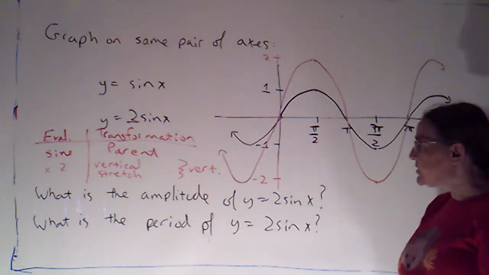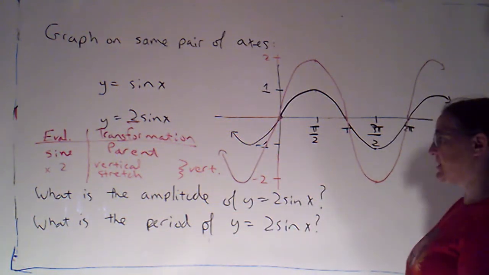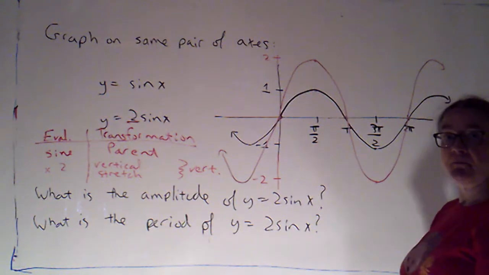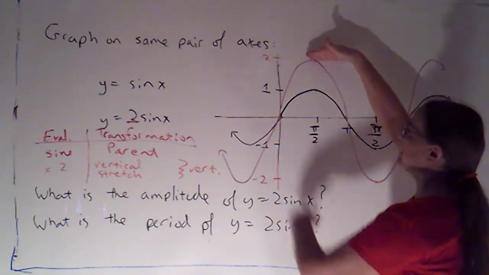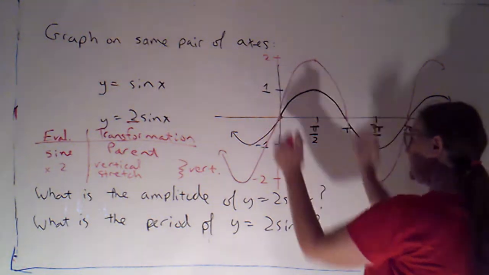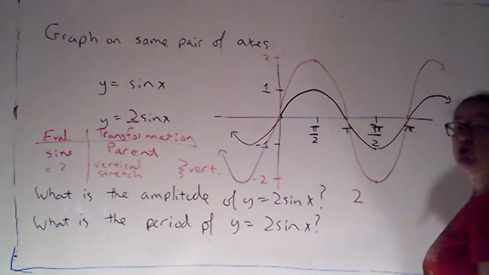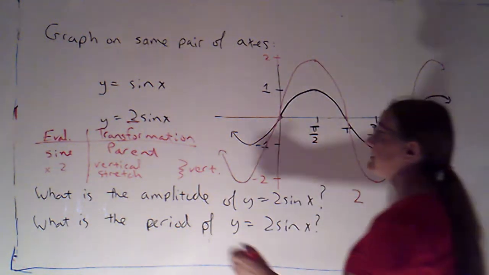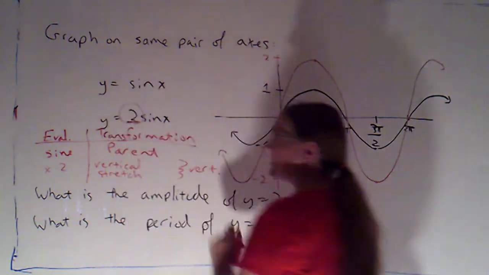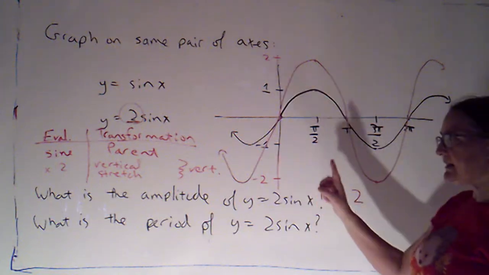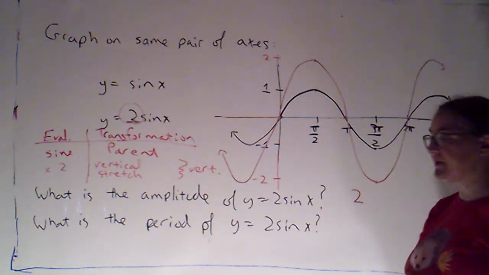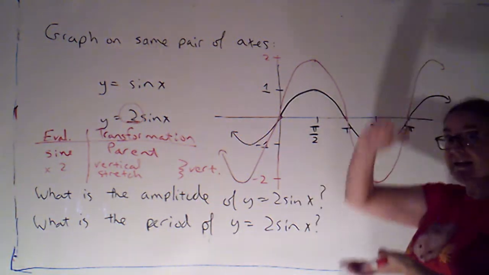Okay. All right, then we're asked these two questions. What's the amplitude of y equals 2 sine x, and what's the period? Well, the amplitude, remember, is the vertical distance between the high value and the middle value. So that's just going to be 2. Notice that's the number that we multiplied by in this particular case. Now, it is significant that we multiplied by a positive number because amplitude is a distance.